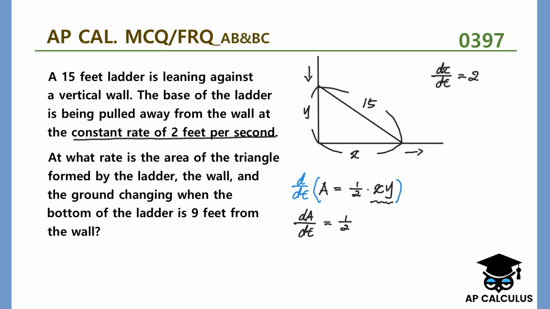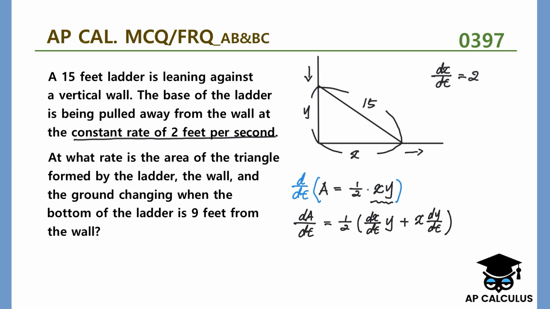Because x is a variable, x is changing, and also y is changing too, right? So we're going to apply the product rule. The derivative of x, that's not 1, that's dx over dt, times y, plus x times the derivative of y, which is dy over dt, right?